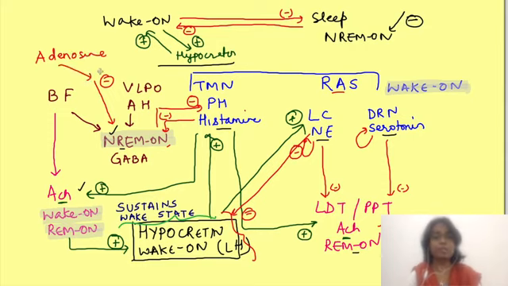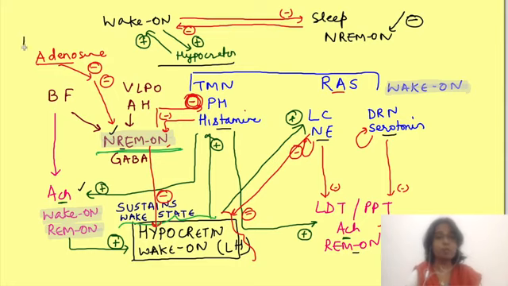This inhibits these inhibiting neurons, causing disinhibition of VLPO NREM neurons. So, once they become disinhibited, they become powerful, and they in turn inhibit the wake-on neurons, thus initiating sleep. And they inhibit these hypocretin neurons also, making themselves more and more powerful, and hence also maintaining NREM sleep.